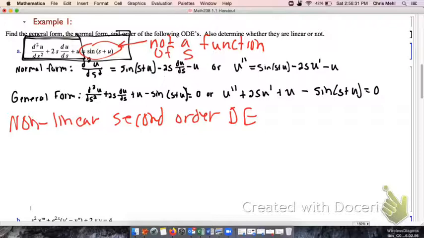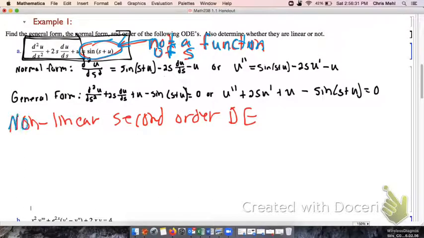And hold on, I must fix one thing real quick. Switch all this to blue. Okay, so again, this term is not a function of s.